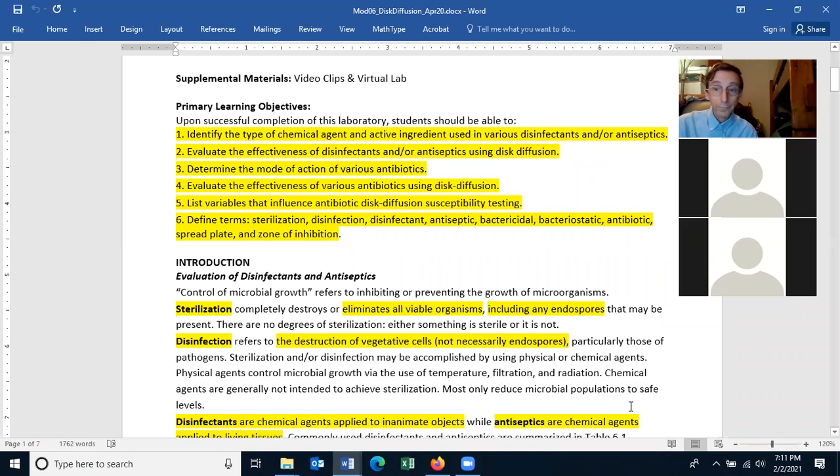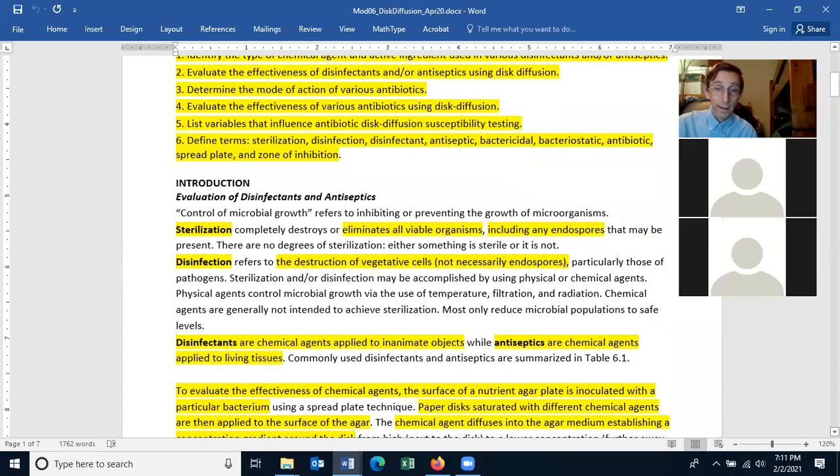All right. Sterilization means the elimination of all viable organisms, including endospores. In a normal lab at Clark College, we will give you sterile media, and it would be sterilized in the autoclave.